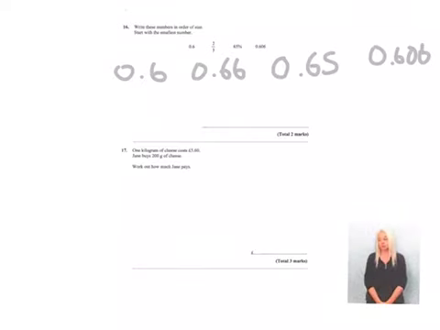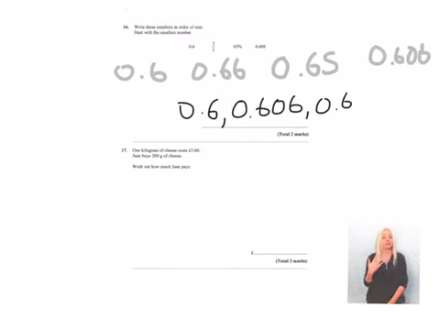So our first one is 0.6, followed by 0.606, 0.65, and 0.66. But then you also need to remember to put these back in the same format as before.